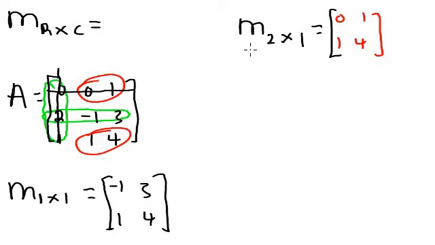Now that you understand the minor matrix, it's easy to understand the cofactor of a particular element in a given matrix.